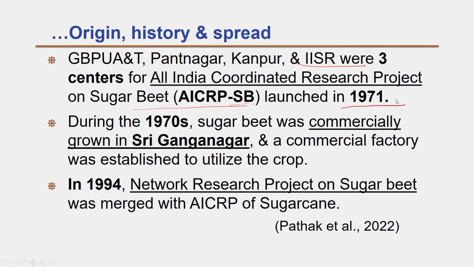During the 1970s, sugar beet was commercially grown in Sri Ganganagar in Rajasthan, and a commercial factory was established to utilize the crop. In 1994, the Network Research Project on Sugar Beet was merged with the All India Coordinated Research Project on Sugarcane.